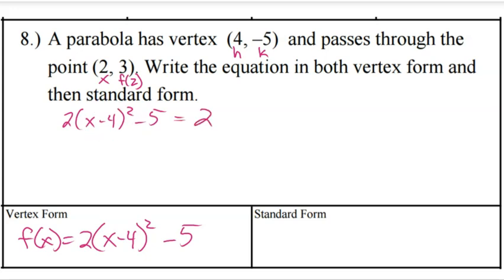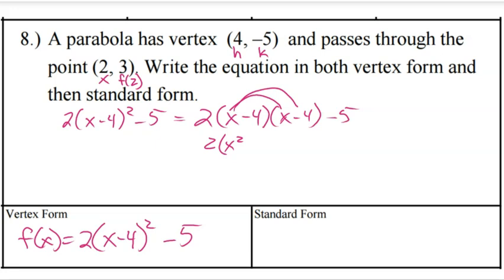So this is now going to become 2 times x minus 4 times x minus 4, okay, minus 5. Now x times x is x squared. And I got to put this in parentheses because I have the 2 on the front. X times negative 4 is negative 4x. Negative 4 times x is another negative 4x.